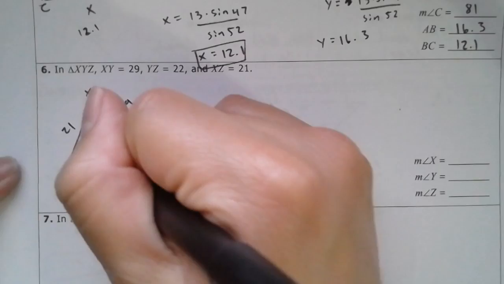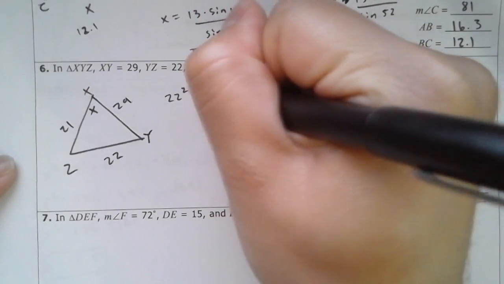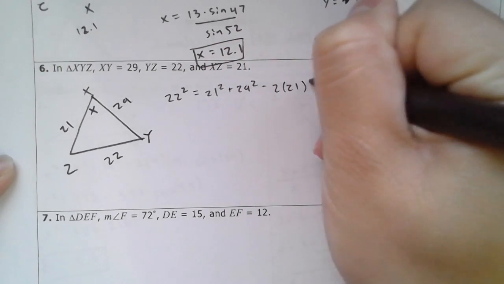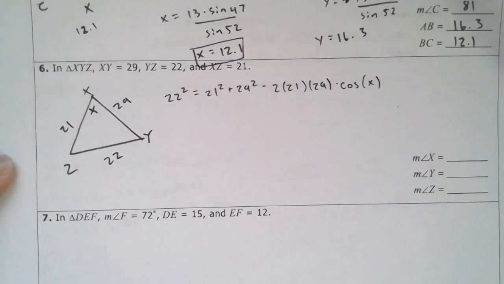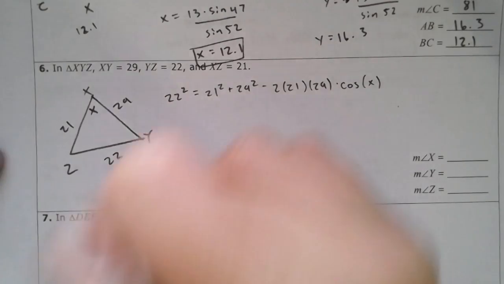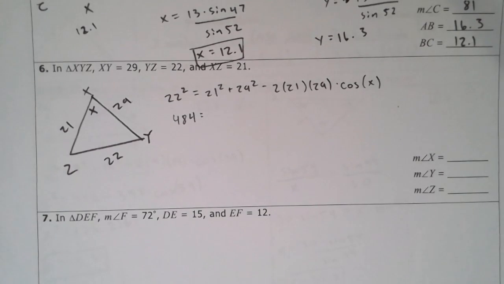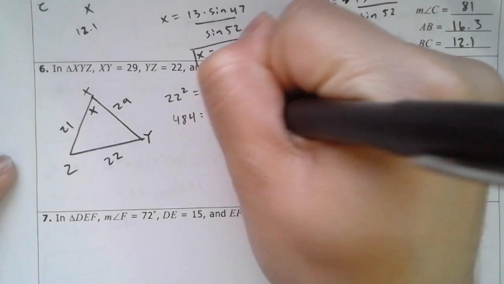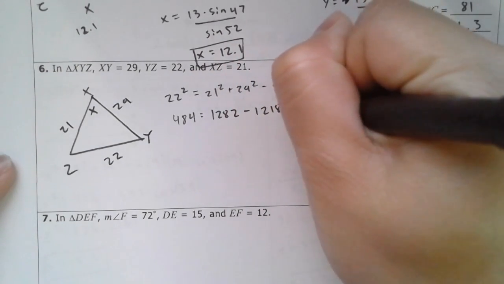The side opposite to it is 22, so 22 squared is equal to 21 squared plus 29 squared minus 2 times 21 times 29 times cosine of x. 22 squared gives you 484. That's equal to 21 squared plus 29 squared, which gives you 1282, minus 1218 cosine x.